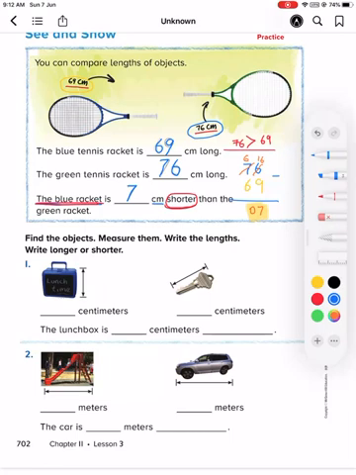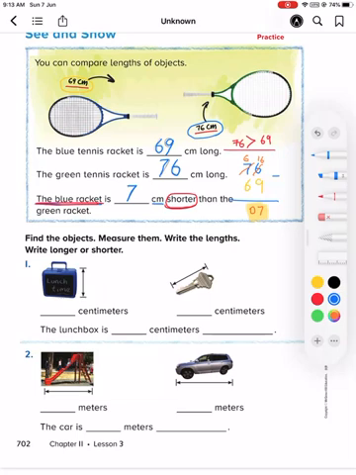It depends on the object. If the object is huge and big, I use the metric stick. If the object is small and I can manage with the centimeter ruler, I use the centimeter ruler. So first, I will start putting the measurements.